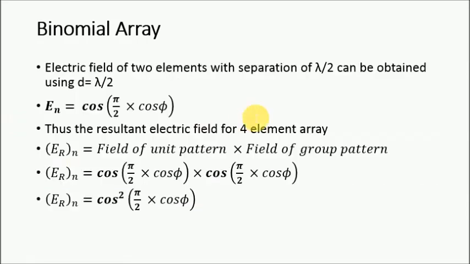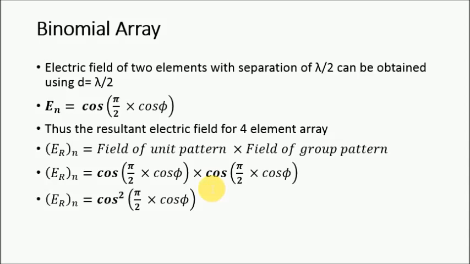So basically we have to avoid these minor lobes, and we have to increase the directivity as the length of the array increases, while the pattern should not have minor lobes.